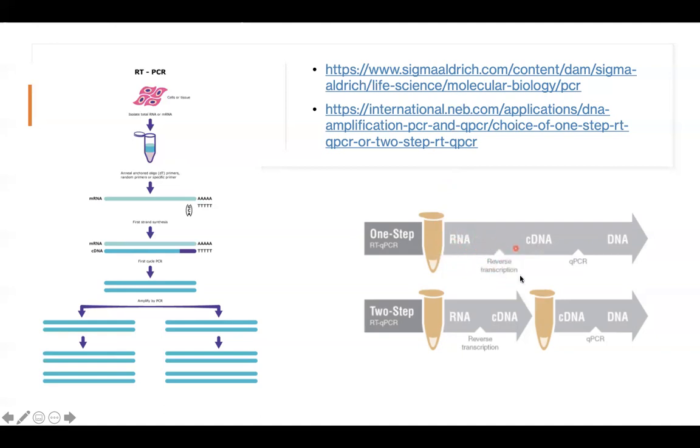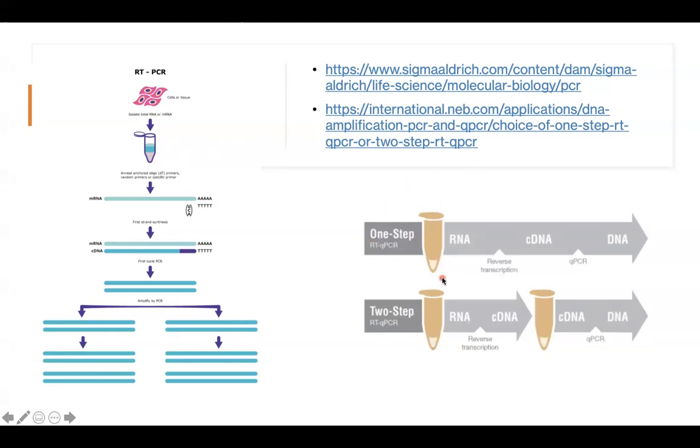We convert this RNA to cDNA, or copy DNA, followed by qPCR in the same tube.